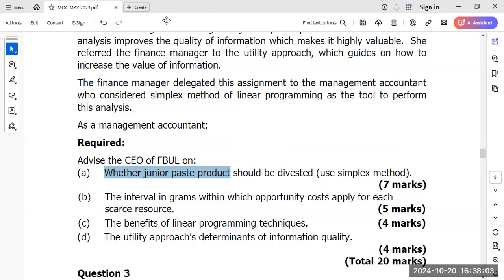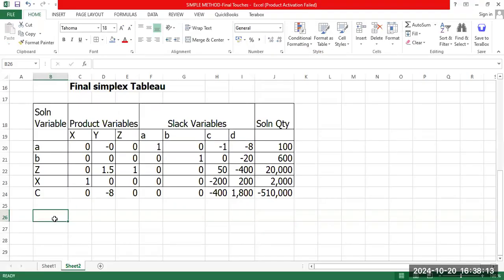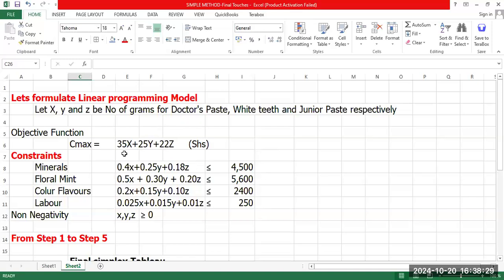After doing this analysis and coming up with this table, you are actually seeing that the only products the company needs to maximize contribution are X and Z. But what is X, basing on what you defined?